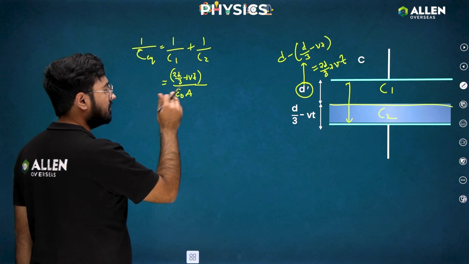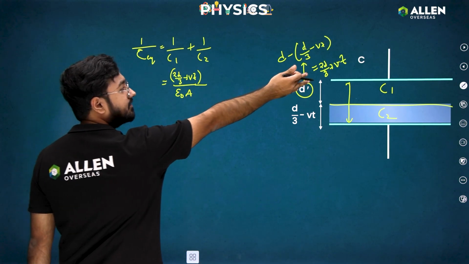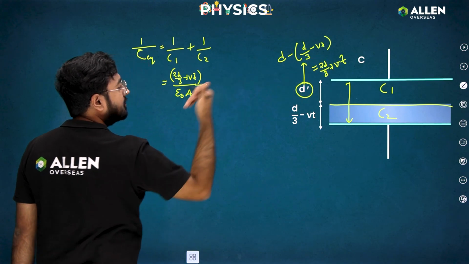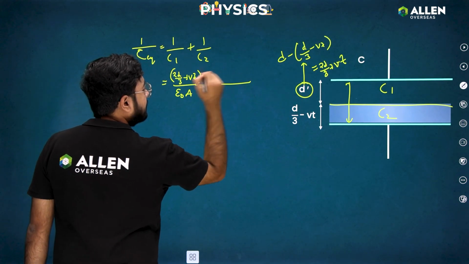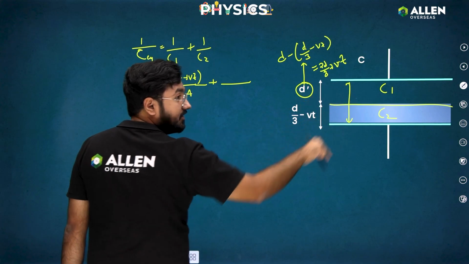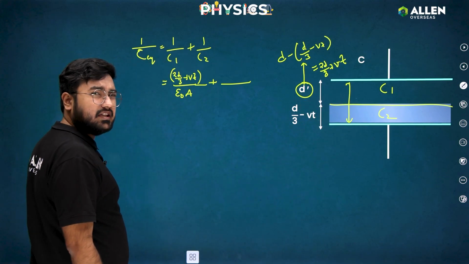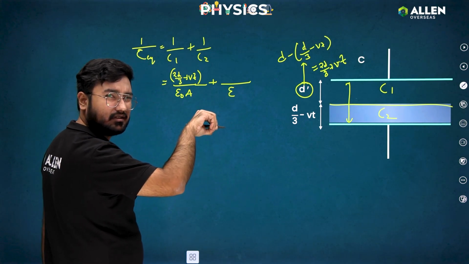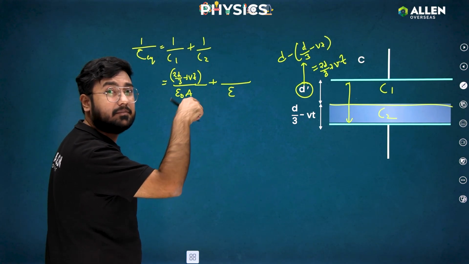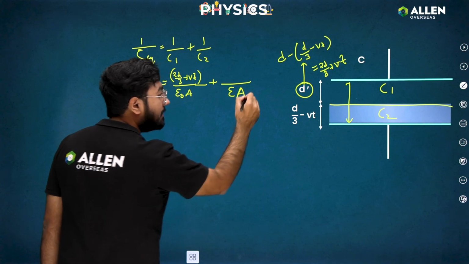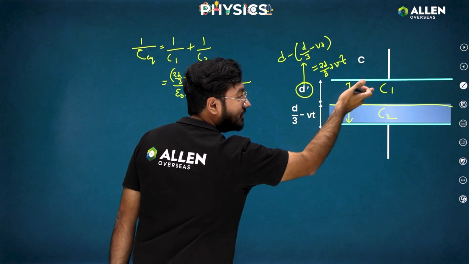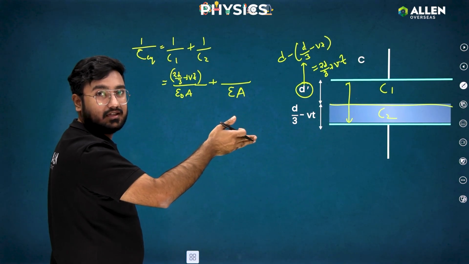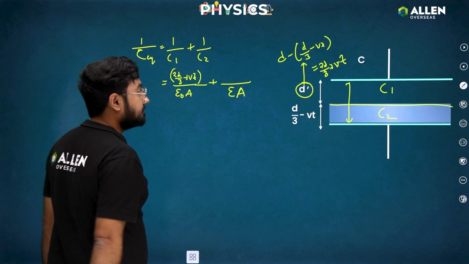Sir, epsilon naught A by D, so D at any instant is this. That suffices. What will be C2? It will be epsilon A. Why epsilon A? This is vacuum, this is not vacuum. This is some material.